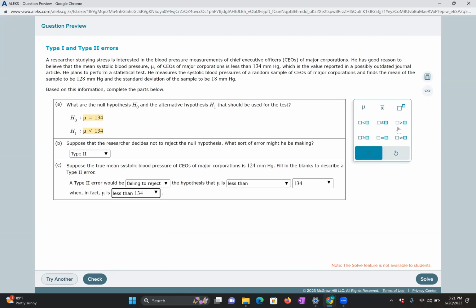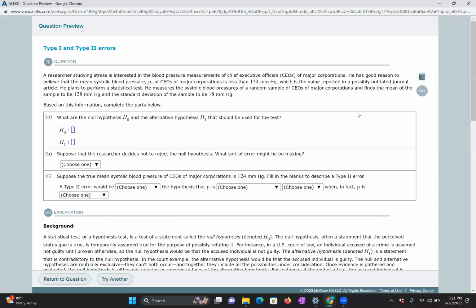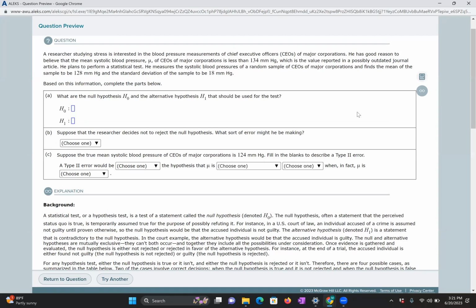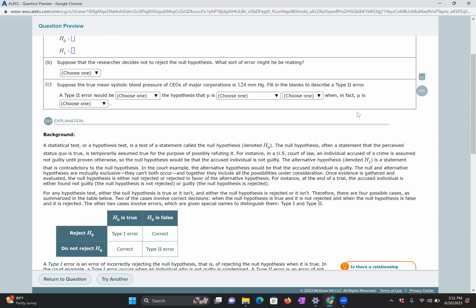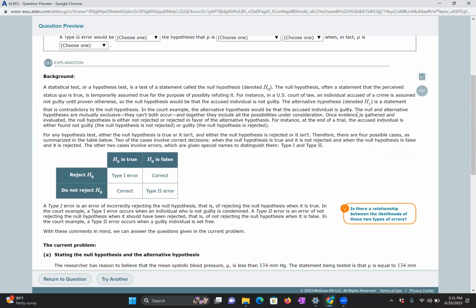Okay, this was a little tricky, so let's take a look at the explanation, see where we're at. One more time. So this is the original question, so you can pause the video if you need to. And as we continue, you can see the explanation one more time of what type 1 versus type 2 is.